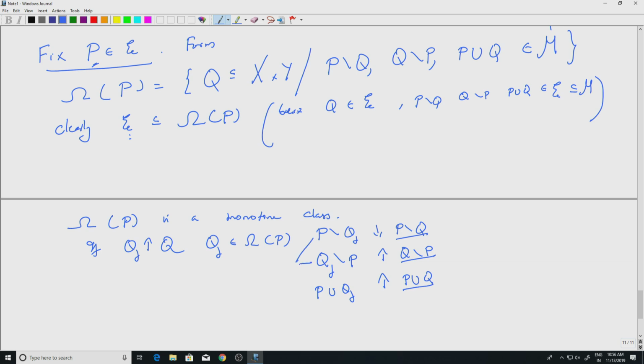So all these are in omega p. Sorry, all these are in M, because M is a monotone class, and those are the three properties we need. So whatever I just wrote down implies that omega p is a monotone class.